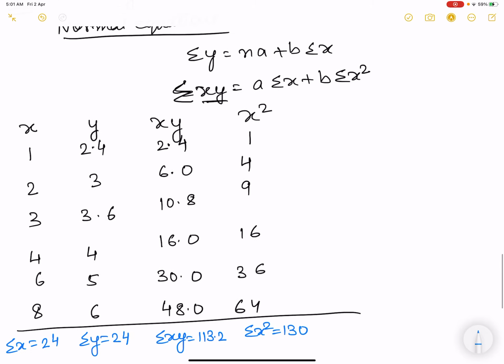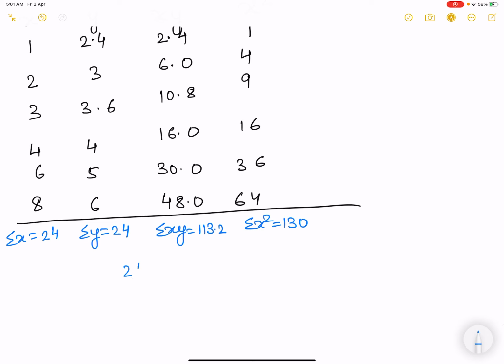Now put these values in the normal equations. These equations will give 24 is equal to 6a plus 24b, and 113.2 is equal to 24a plus 130b.